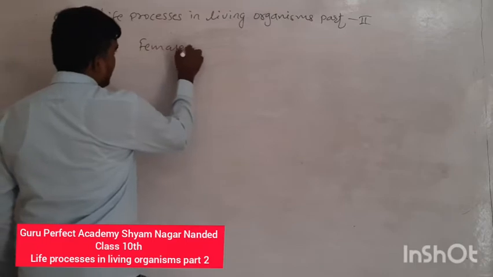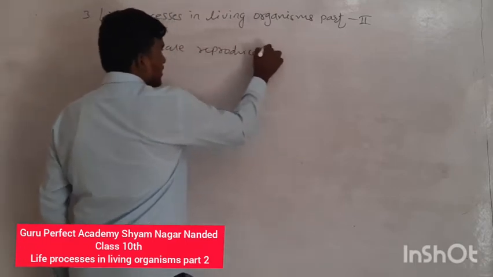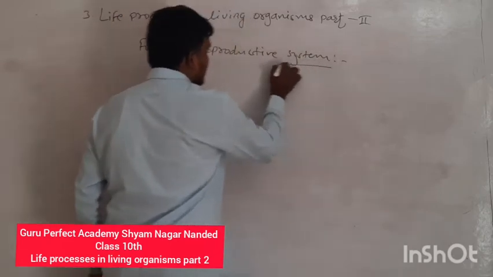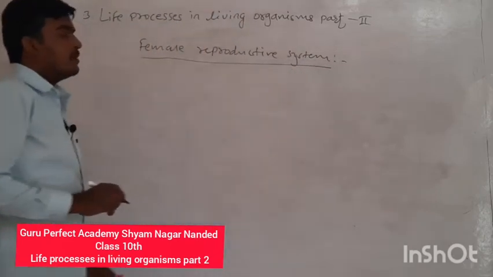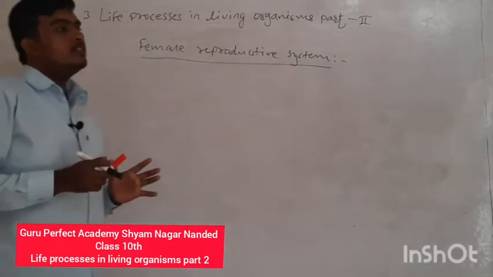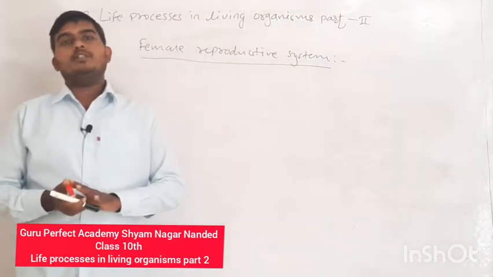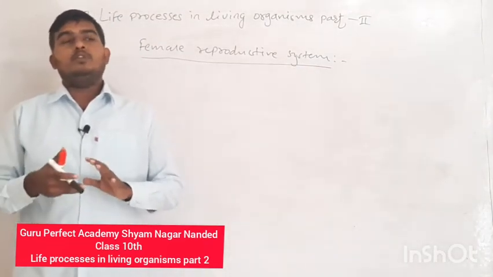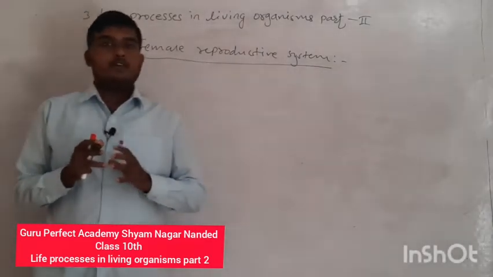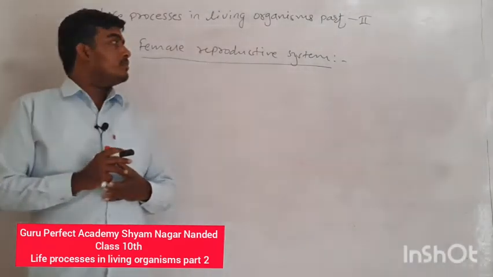Human female reproductive system. Here in the case of female, we know that for the purpose of sexual reproduction we need two gametes.